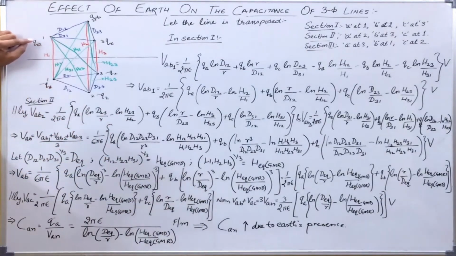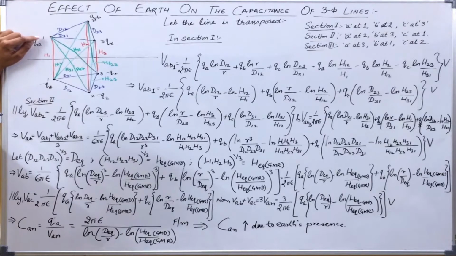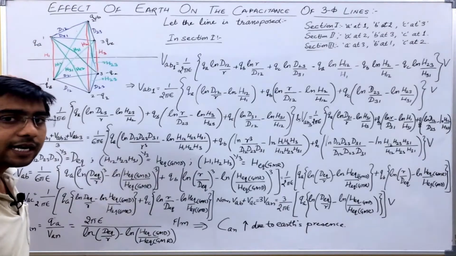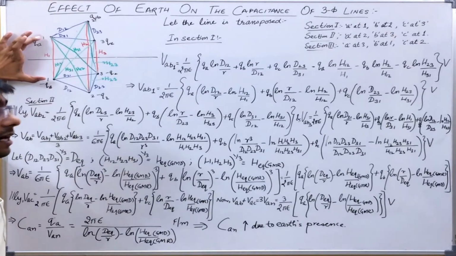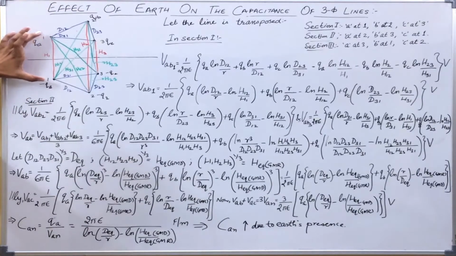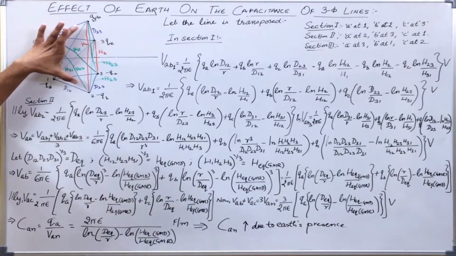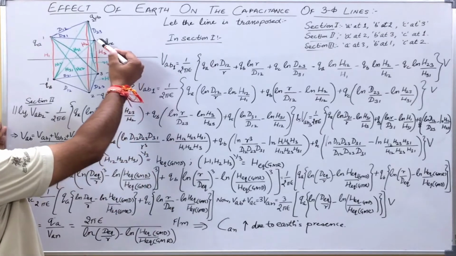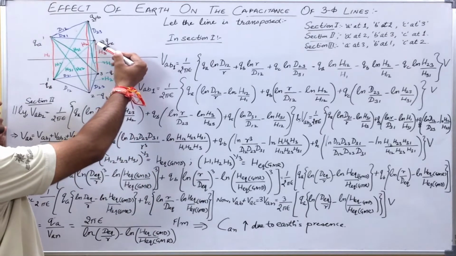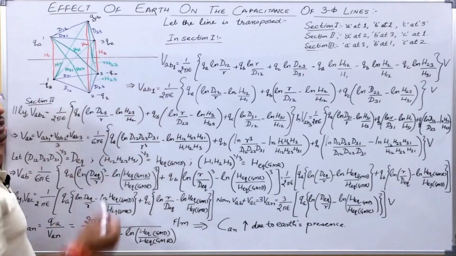This is the original conductor of phase A, and this is its image conductor, and I am showing the distance between them in red as h1. Similarly for phase B, I am showing it as h2, and for phase C, as h3, in red.